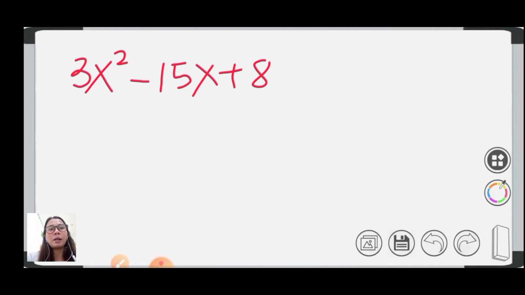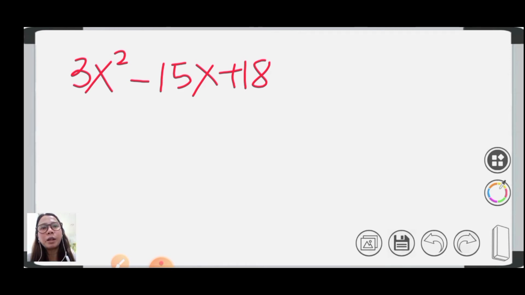It has a greatest common factor, or GCF, which is 3. So let us factor it first.